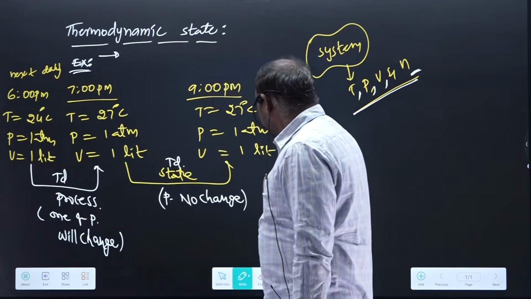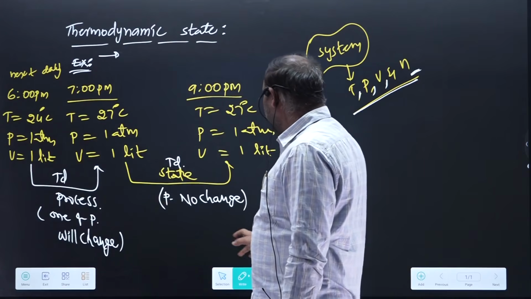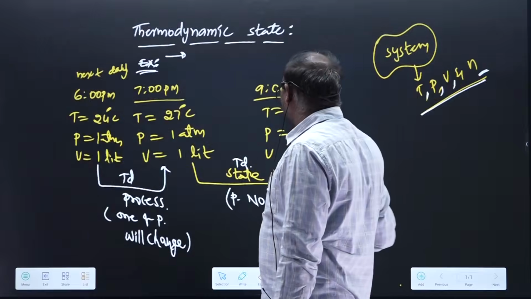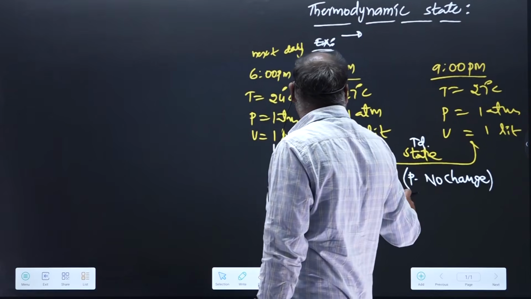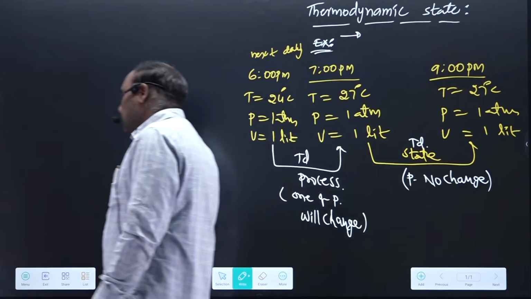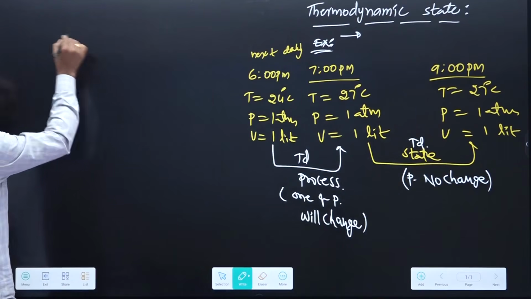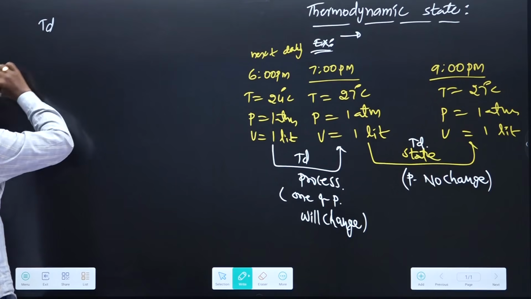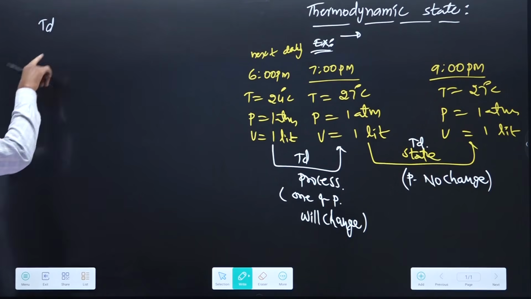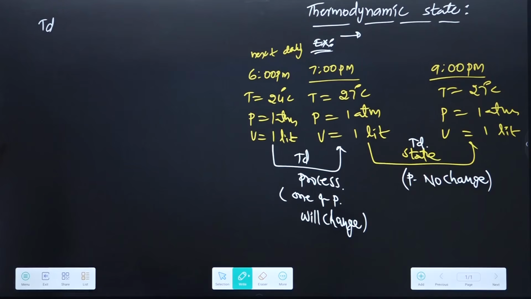So just put the heading thermodynamic process. That is a thermodynamic state, right? I want to write thermodynamics every time like TD, but you people shouldn't write like this.